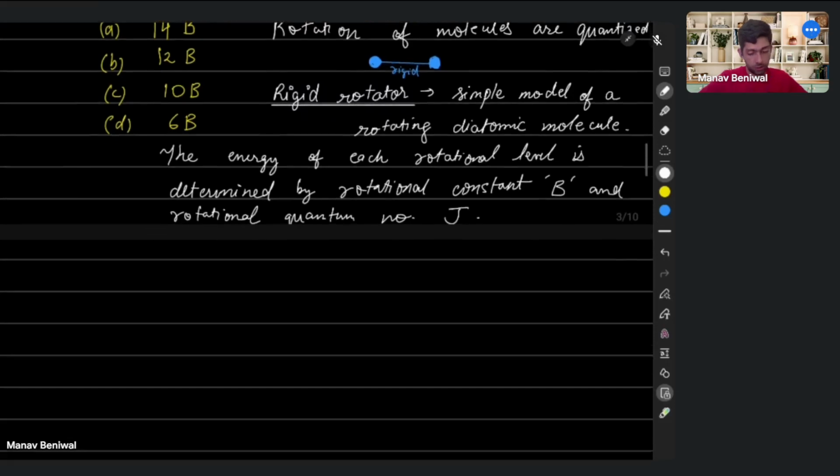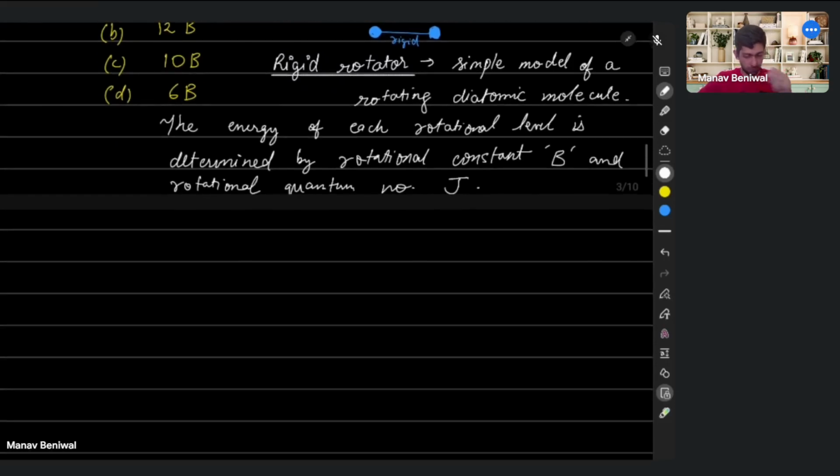And what is the equation? So the equation is E of J is B times J into J plus 1, where J is an integer. Where J can be 0, 1, 2, and so on.